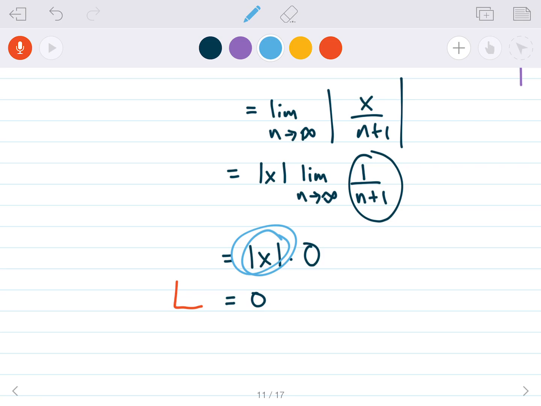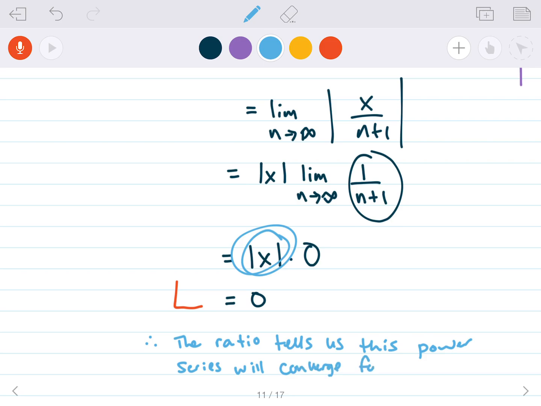So we can say that, therefore, the ratio test tells us this power series will converge for all x values.